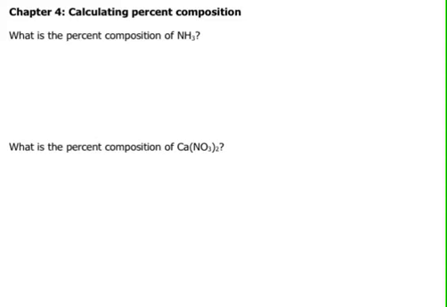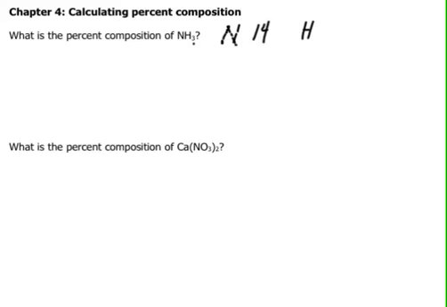And if you look on the periodic table, the molar mass of nitrogen is 14. And then if you look for hydrogen, it's 1. But you have 3 hydrogens in this. You have 3 moles of hydrogen.